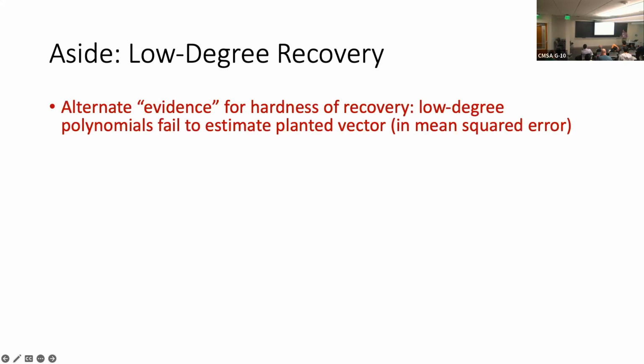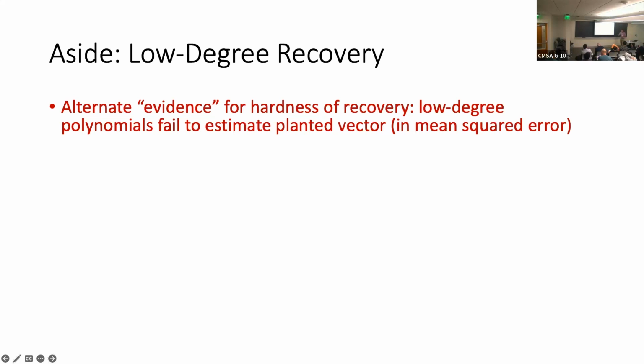I'm trying not to go over time, but just as an aside, there are other approaches one could take to answer this question as well. Another way to argue that recovery problems are hard is to directly think about whether low-degree polynomials can solve the recovery problem.